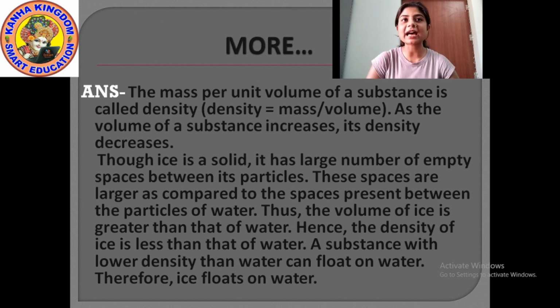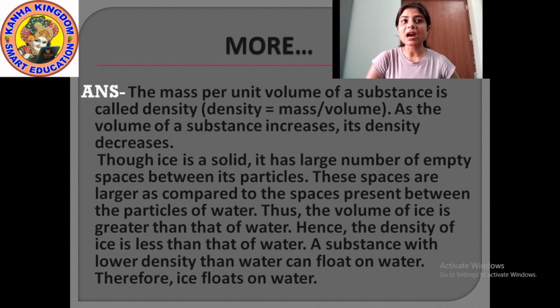Okay. I repeat the answer once again. The mass per unit volume of a substance is called density. Density is equal to mass per volume. As the volume of a substance increases, the density decreases. Though ice is a solid, it has a large number of empty spaces between its particles. Full stop.